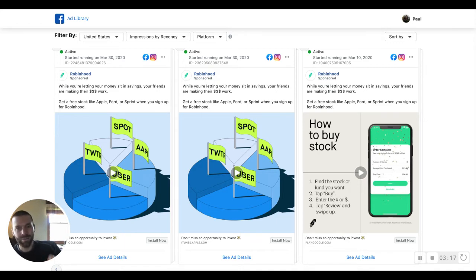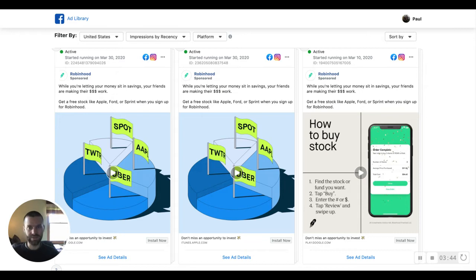But they're not really pulling that here. What they're saying is while you're letting your money sit in savings. So they're actually drawing a comparison between just having a cash account and having any type of investment, which I thought was really smart. And then their call to action: get a free stock like Apple, Ford, Sprint when you sign up for Robinhood. So this is a direct response ad.